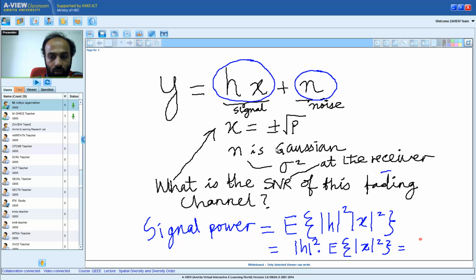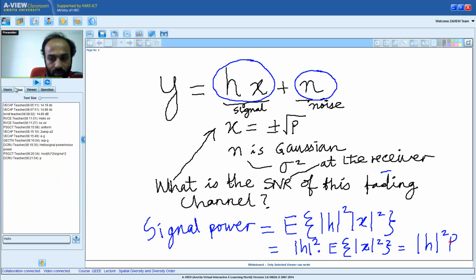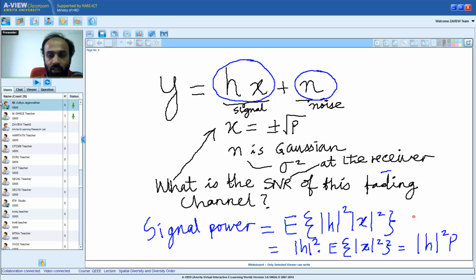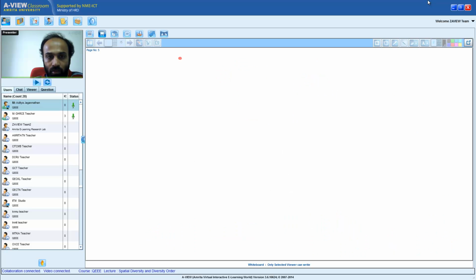Therefore, this is equal to magnitude H square times P. Magnitude H square is nothing but G, so I can also write this as G times P, right? Everyone can see it.